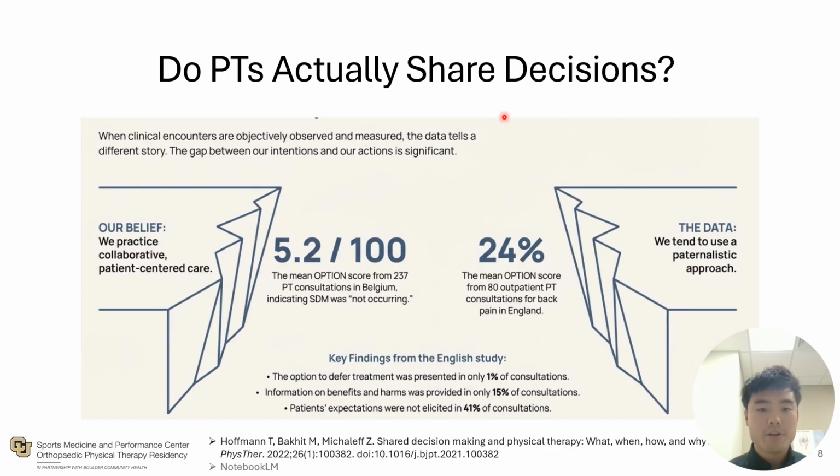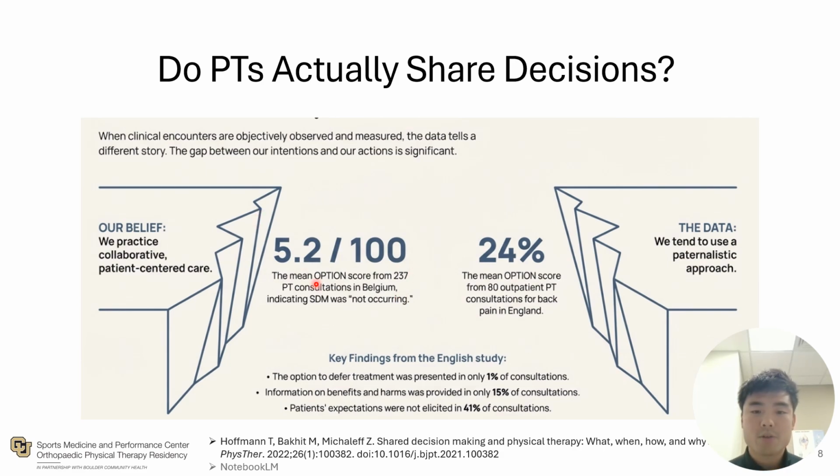You can see here on this slide is an observational study, and again, it's a very small study group, but this is an outcome measure that actually is validated for measuring the extent to which shared decision making is occurring, with 100 being the highest possible score that you can obtain on this outcome.